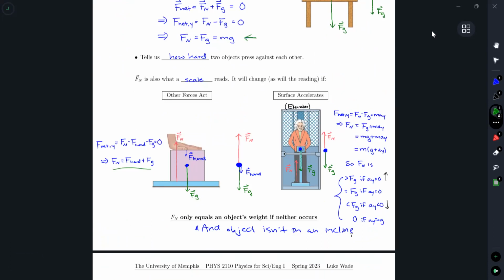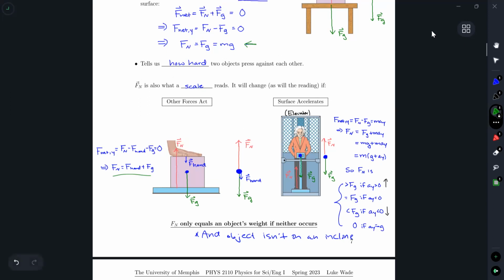In that case, the normal force is not equal to the magnitude of the gravitational force. It's equal to whatever it has to be to balance things out, or if something's accelerating, it can actually be what's providing that acceleration. So that's the case of something in an elevator.